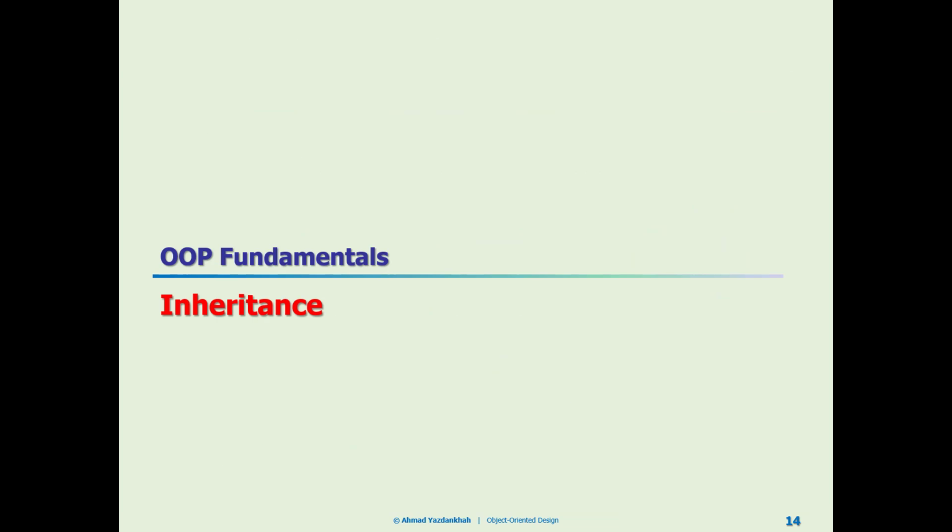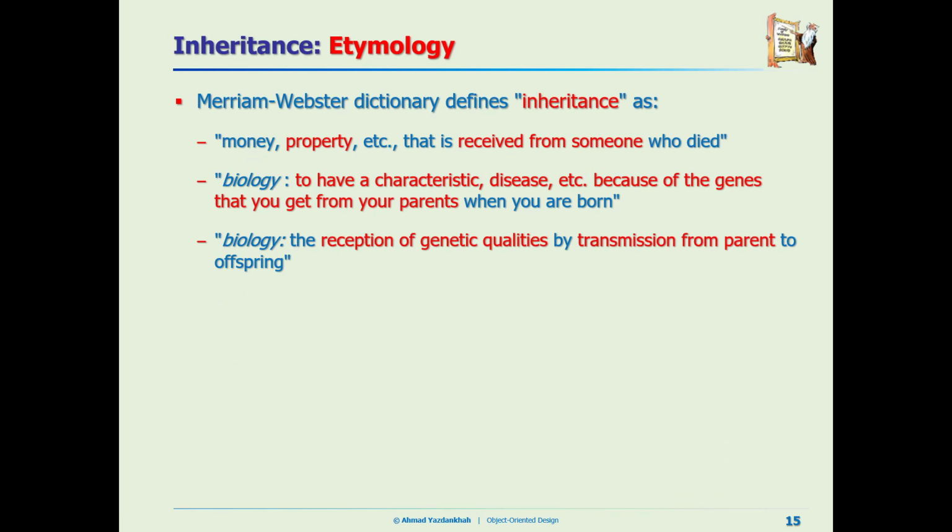What is inheritance? Let's see. First of all, from the etymology point of view, if you look it up in the dictionary, let's see what we get. Money, property, etc. that is received from someone else, someone who died. Okay.